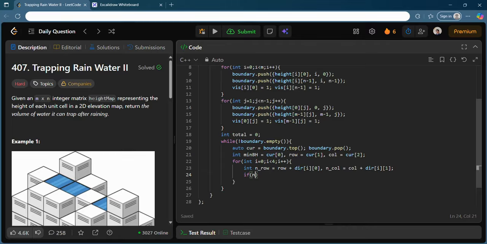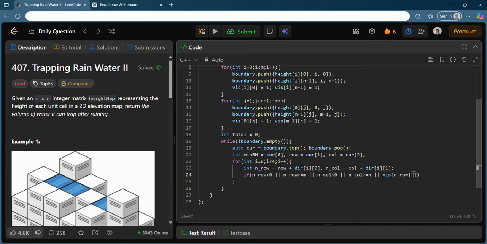Okay, so I want to say that if this neighbor row is invalid. What do I mean by invalid? If it is less than 0, or this row is greater than or equal to m, or this neighbor column is less than 0, or this neighbor column is greater than or equal to n, meaning I am stepping out of the limits, or if it is already visited.